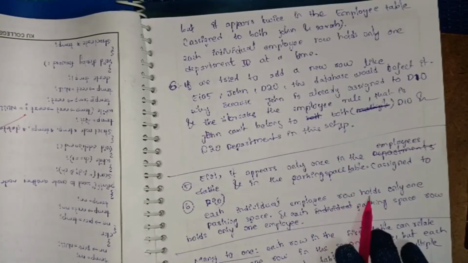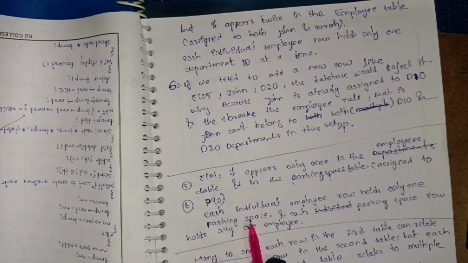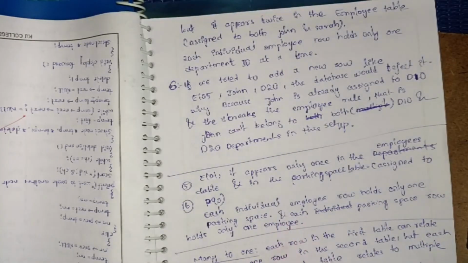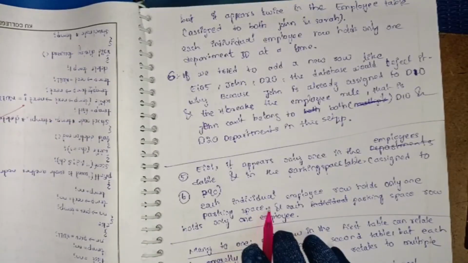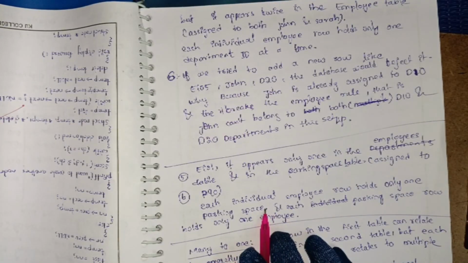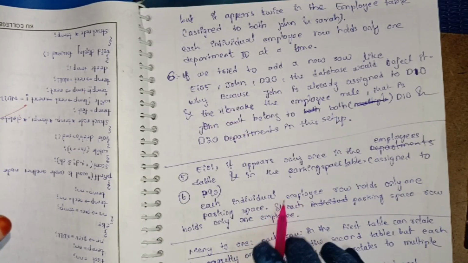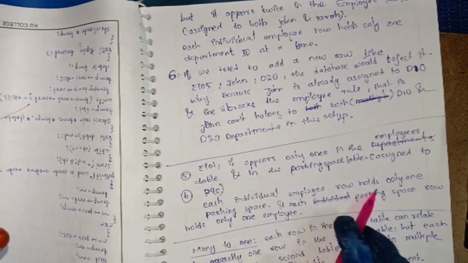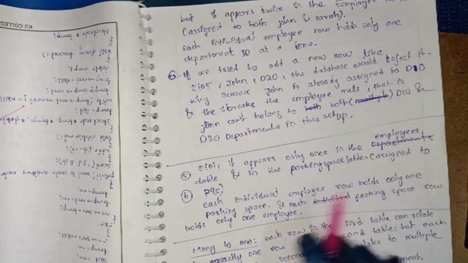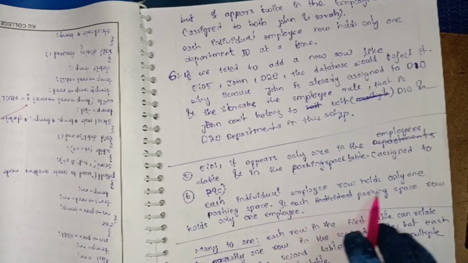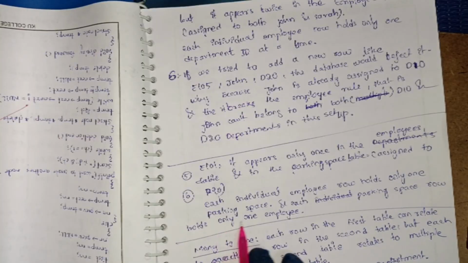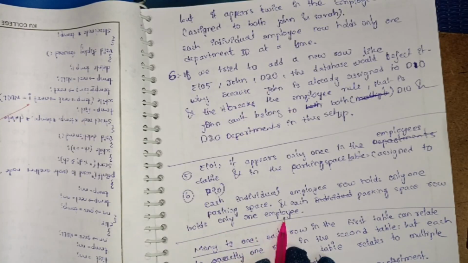Each individual employee row holds only one parking space, and each parking space row holds only one employee.